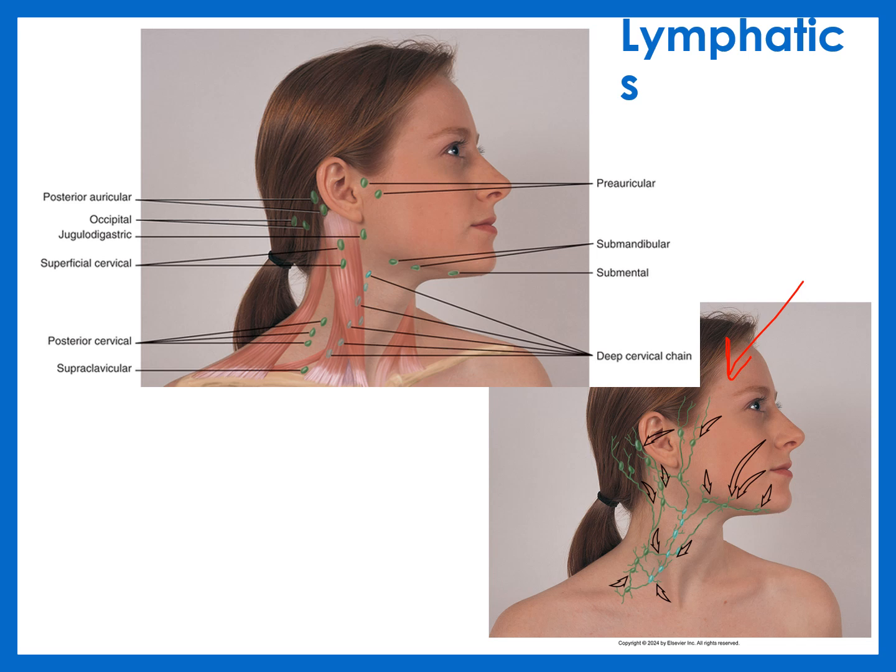Postauricular is posterior to the ear. We have the occipital, which is on the occipital bone, jugulodigastric, which is right in front of that. Then we have superficial cervical lymph nodes right here. And then we have submandibular and submental right under the chin. Then we have the deep cervical chain and posterior cervical chain of the lymph nodes.